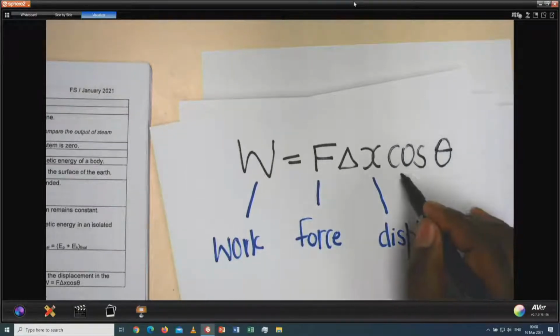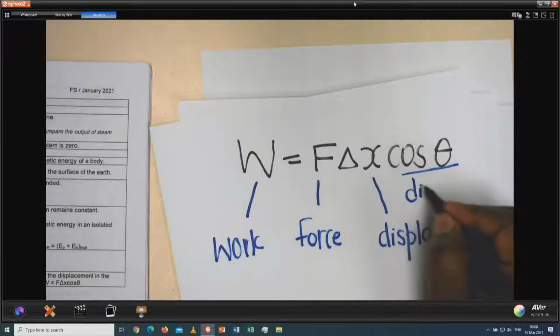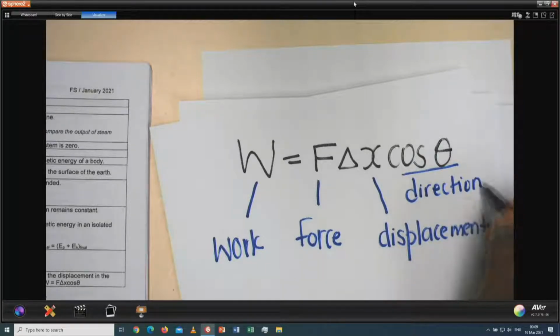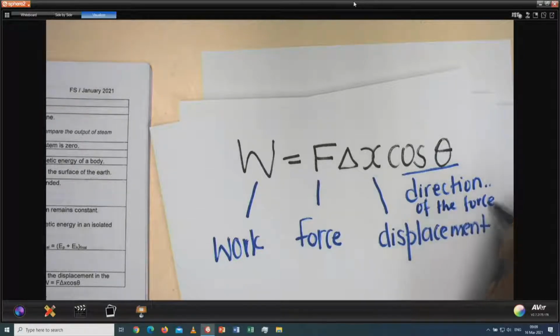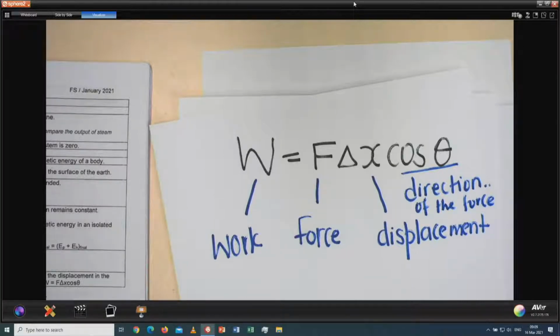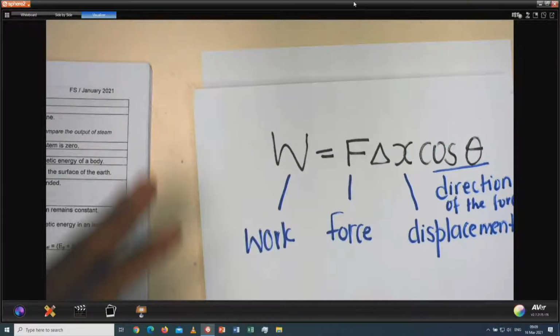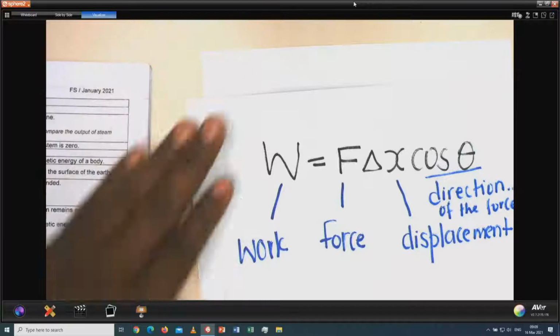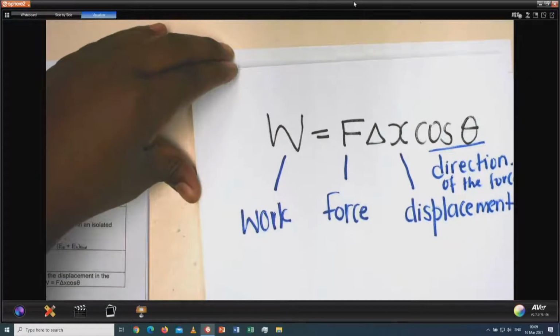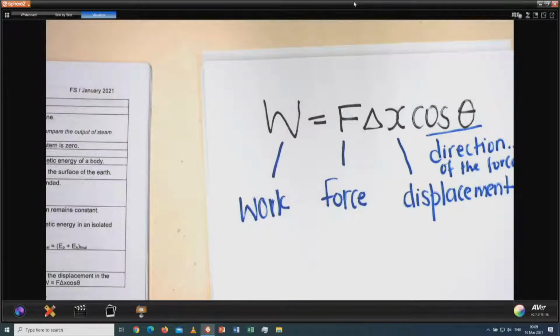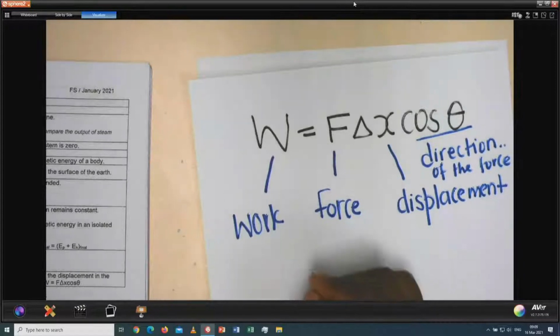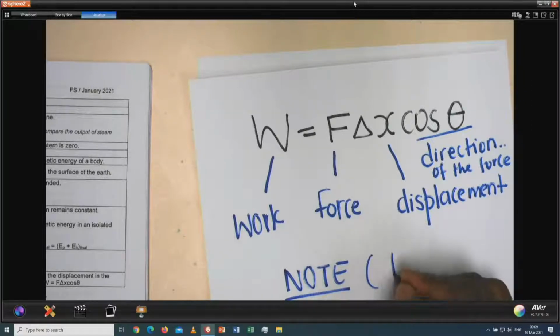And then this part gives us the direction of the force. So we must always remember that when we say work is done, we mean that there was a force acting on the object, and the position of the object changed in the direction in which the force was acting. Now, let's note the following with regards to the direction.